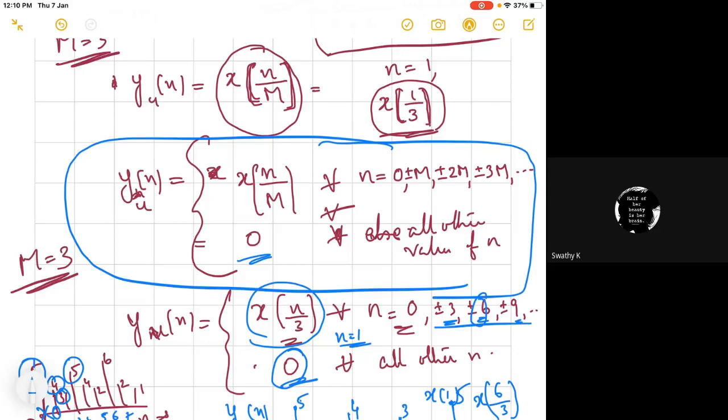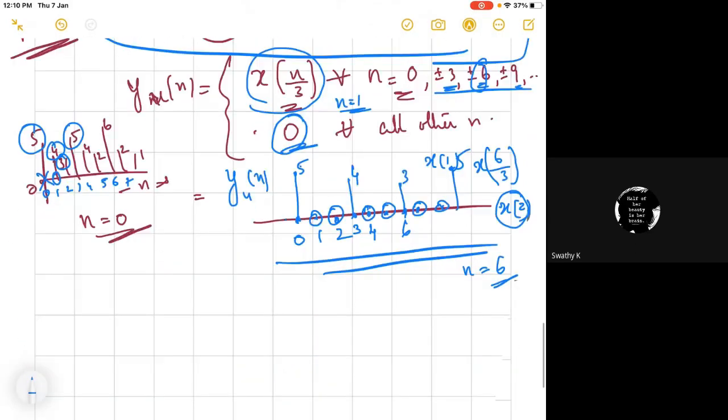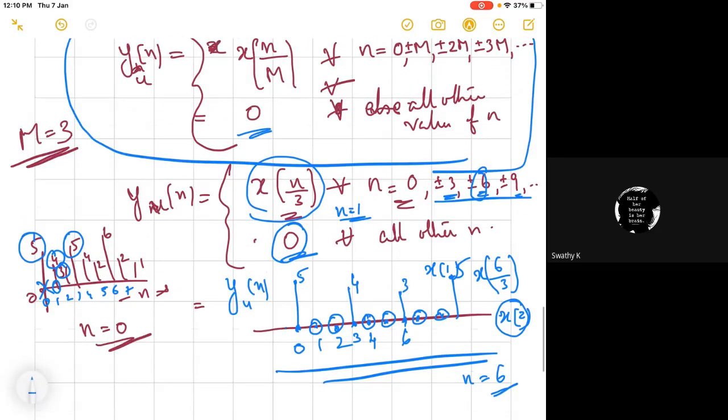So this is the basics of multi-rate signal processing: how upsampling and downsampling is done.